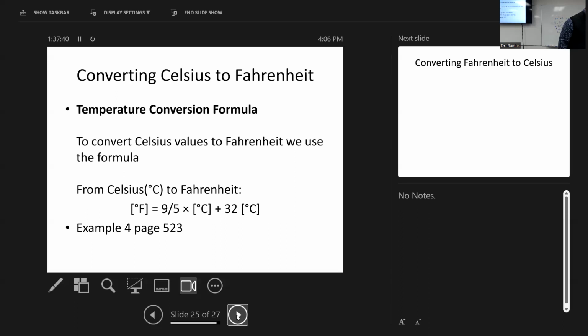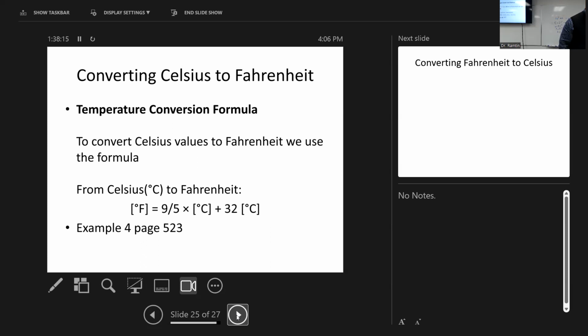It says in example 4, if the thermometer reads 37 centigrade, we want to find what's the value in Fahrenheit. Just take that formula and put the value for C and do the multiplication and addition, so you get 98.6 Fahrenheit. 98.6 Fahrenheit is 37 centigrade or Celsius.